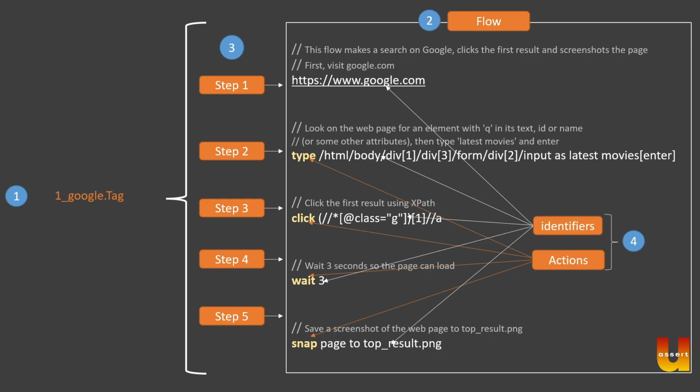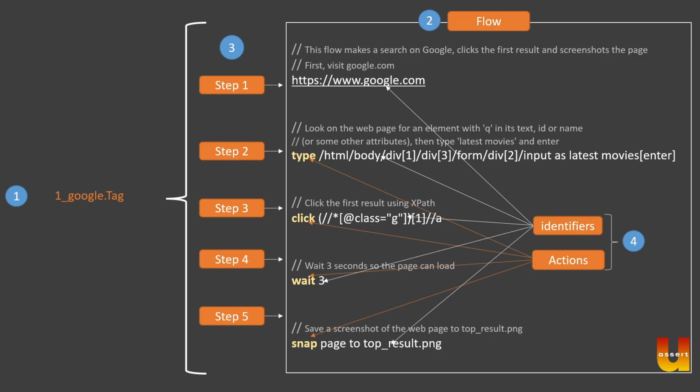So there are a few steps which just use an identifier, but most of the steps use an action and identifier combination. So the action determines what needs to be done, and the identifier determines which, where, and how much needs to be done.